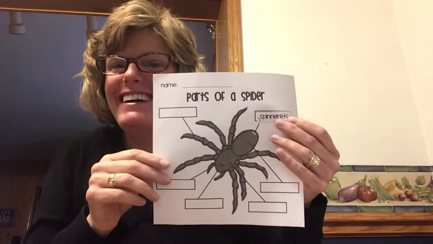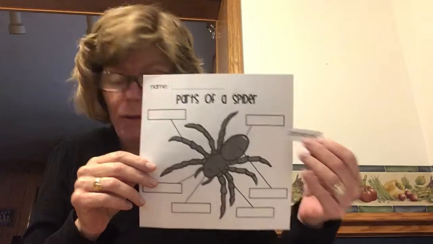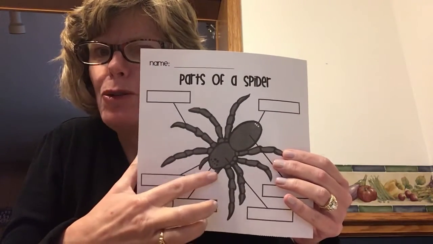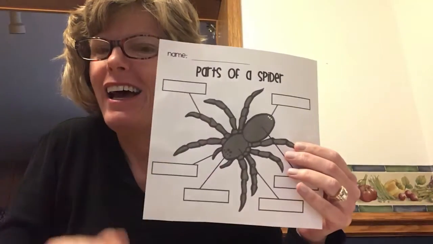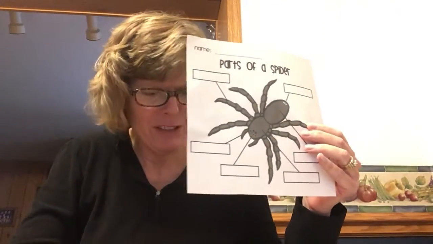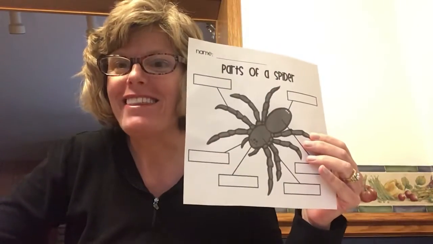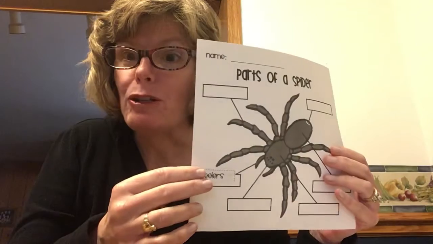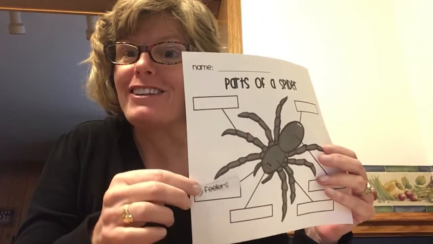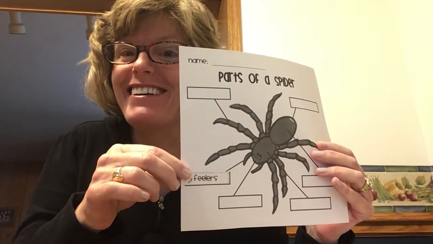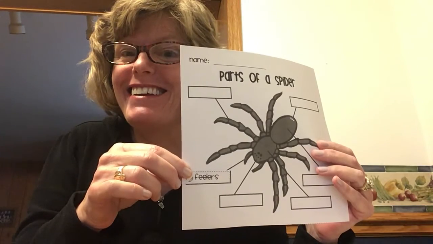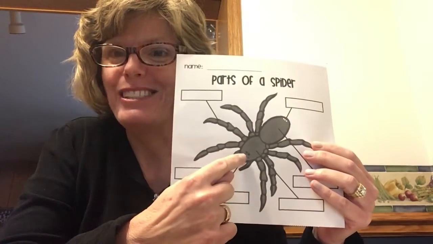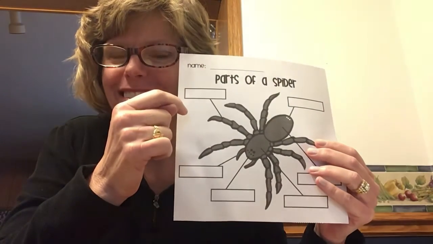Okay. Nice job. 4 more to go. How about this one here? What are these 2 called? Feelers. What letter does feelers start with? F. Nice. I'm going to glue my word feelers right there. Nice. Okay. What are these right here? There's 6 of them.